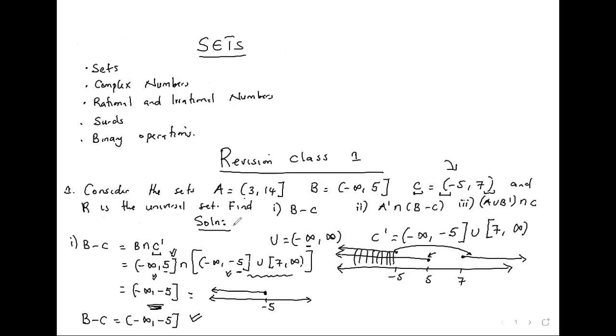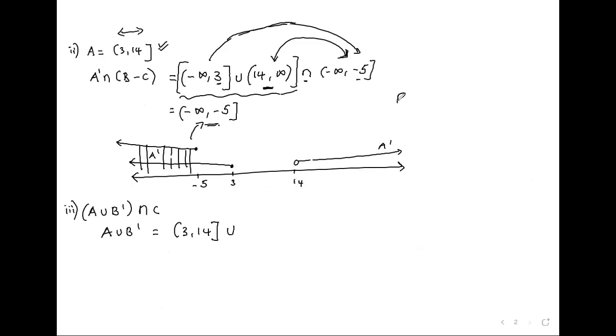We go to B. B is from negative infinity to 5, 5 included. So the complement of B is very easy to get. Since we have all the way up negative infinity to 5, then the complement will start from 5 to positive infinity. We check, is 5 in B? Yes, this means included. So here we don't include it in the complement, in the outside of B.